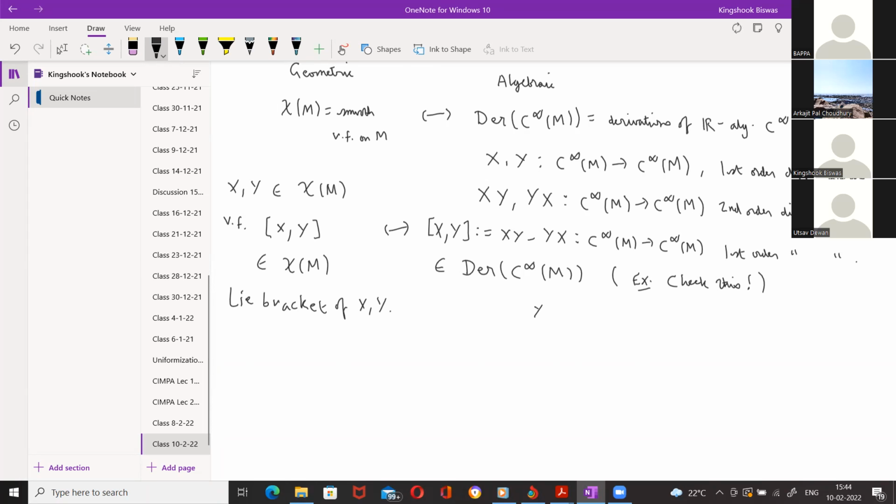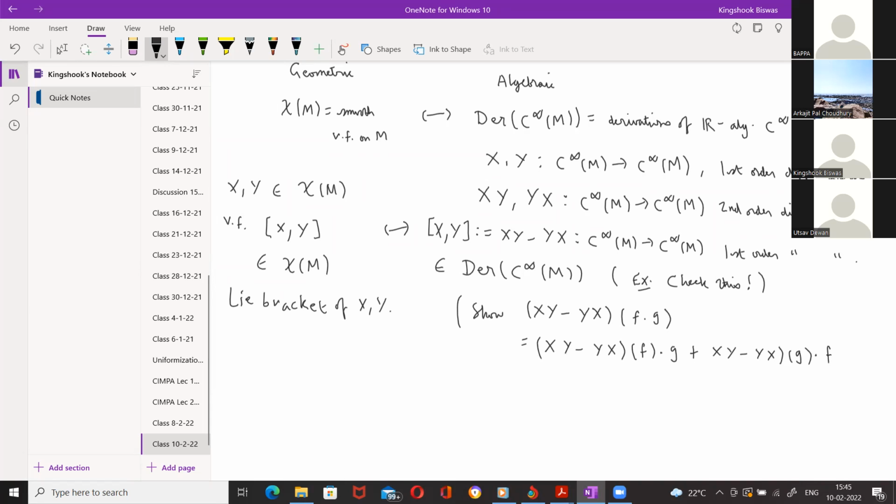You just show that this satisfies the Leibniz rule. Basically, you look at XY minus YX applied to f times g, and show it is equal to (XY minus YX) applied to f, times g, plus (XY minus YX) applied to g, times f.